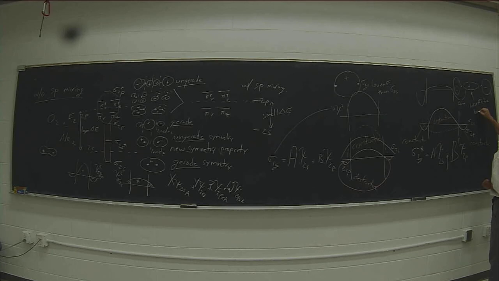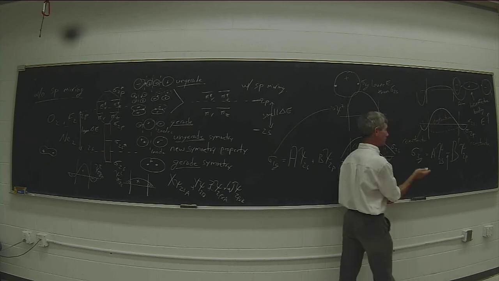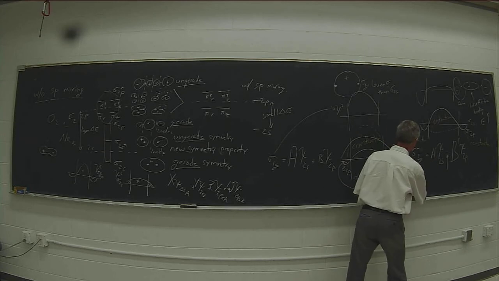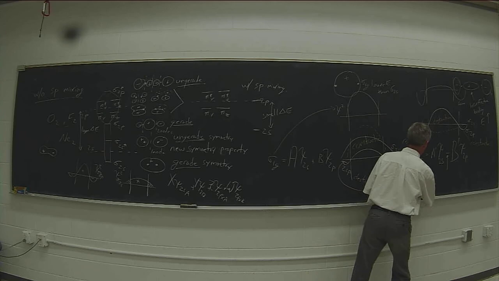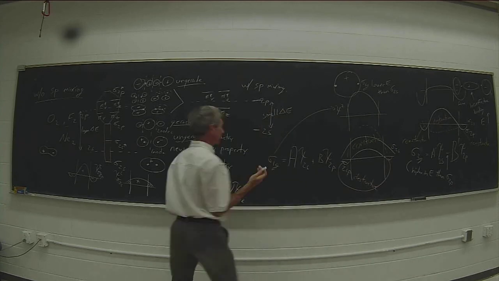That leads to less effective bonding and a rise in energy. So sigma 3g is going to be higher in energy than sigma 2p. It had to be.